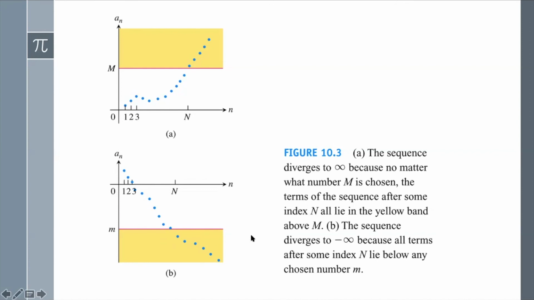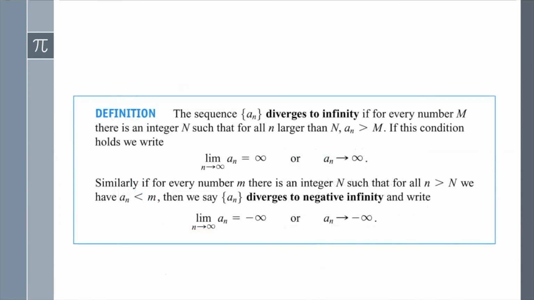So your sequence diverges to positive infinity if all of the terms from some point on are greater than, say, 1,000,000 or 1,000,000,000 or 1,000,000,000,000. And the sequence diverges to negative infinity if all of the terms from some point on are less than negative 1,000,000 or negative 1,000,000,000. That is the official definition of diverges to infinity and diverges to negative infinity.